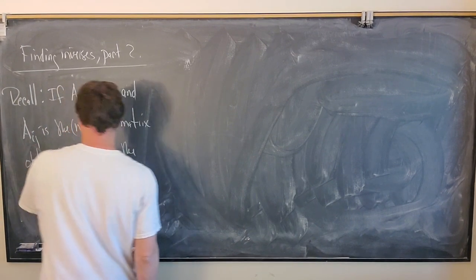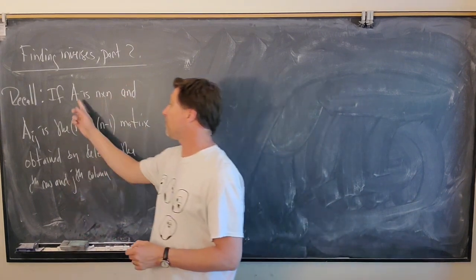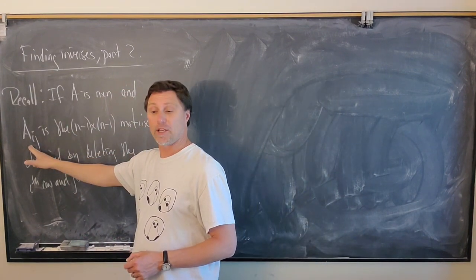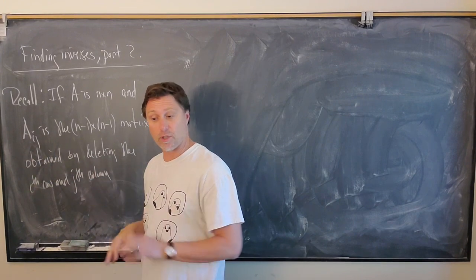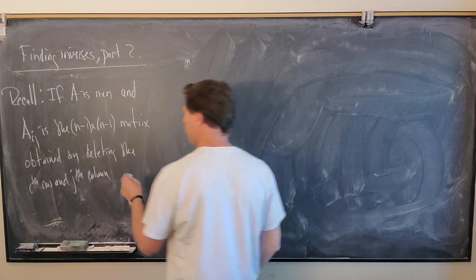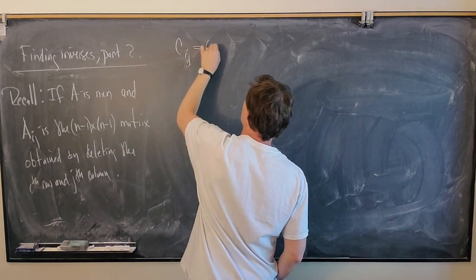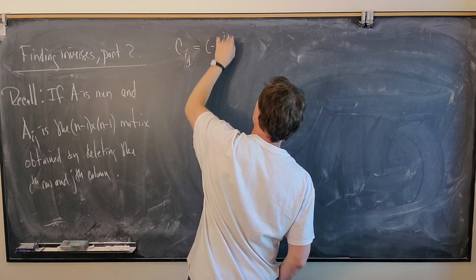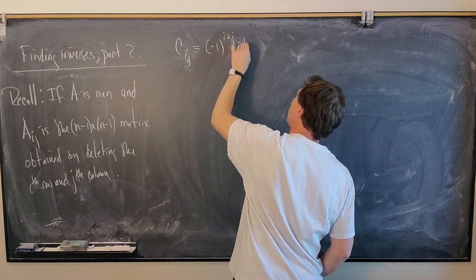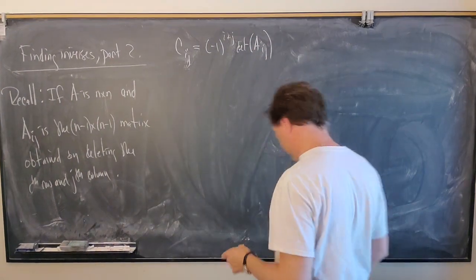Remember, when we were learning about determinants, we introduced this notation. If you have a matrix A, capital A sub ij is the matrix that you get by deleting the ith row and the jth column. And then C sub ij we define to be minus 1 to the i plus j times the determinant of A sub ij. This was the ijth cofactor.